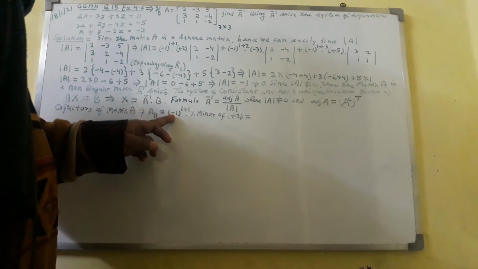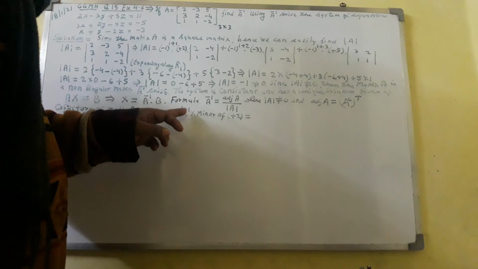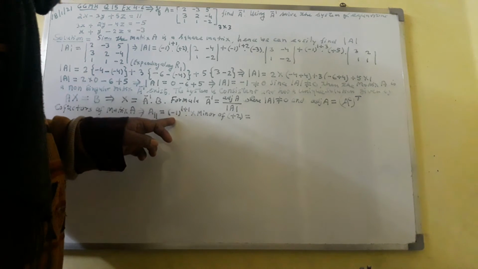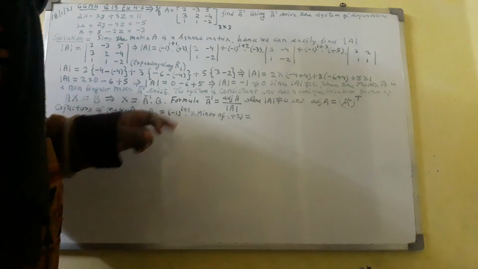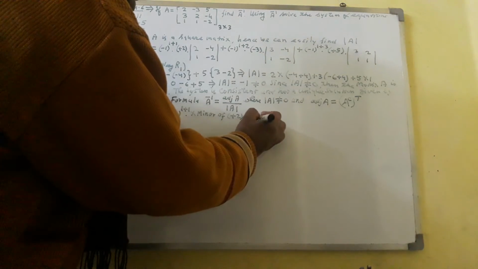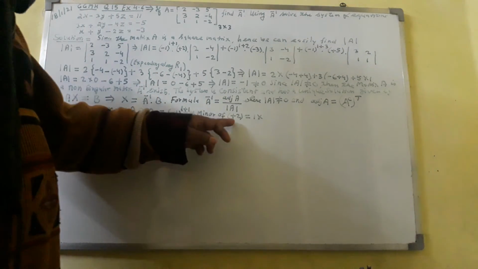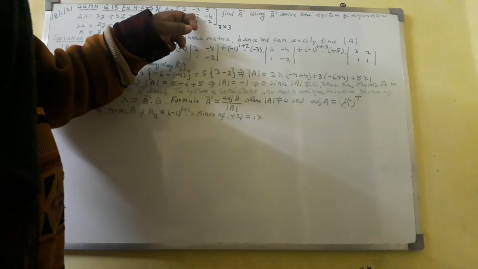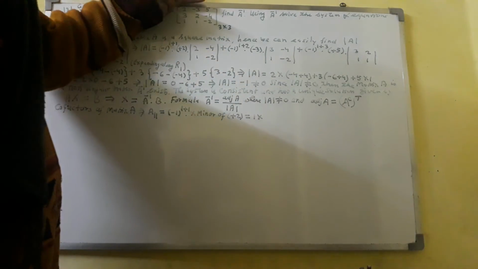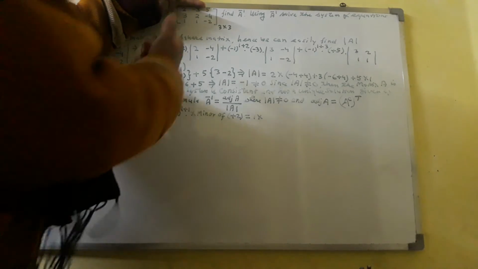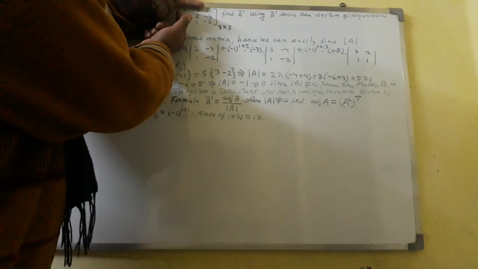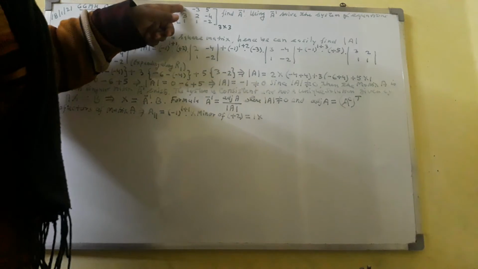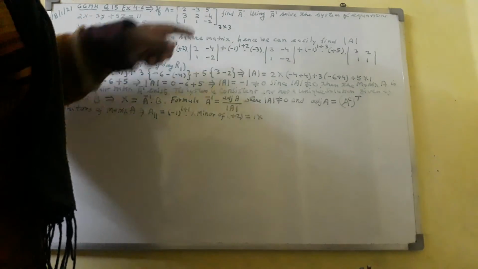Equal to -1 raised to power 1 plus 1 comes out to 2. So -1 raised to power 2 comes out to 1. So 1 will multiply to minor of +2. Minor of +2: 2 is there in first row, so first row will be hidden and first column will be hidden. So we will get the minor of +2 as 2 minus 4.